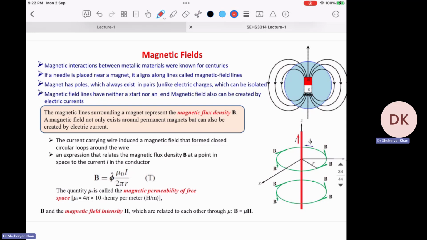Anybody can explain what the R at the bottom means? R is this distance. If this distance is very, very small, the magnetic field is very strong near this conductor. If it is 1 centimeter, very strong.